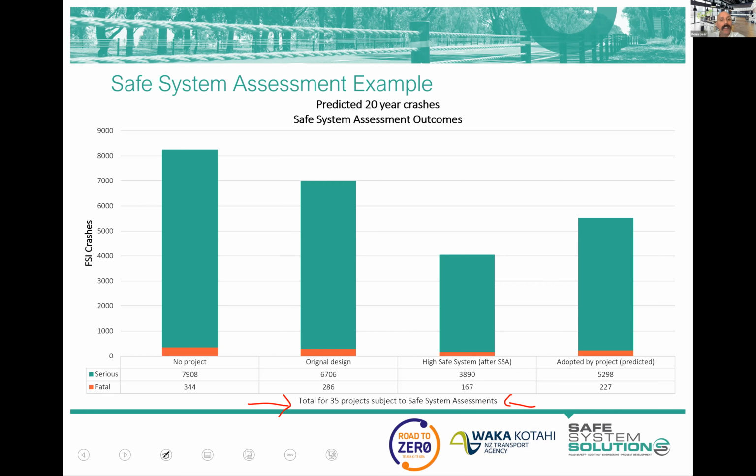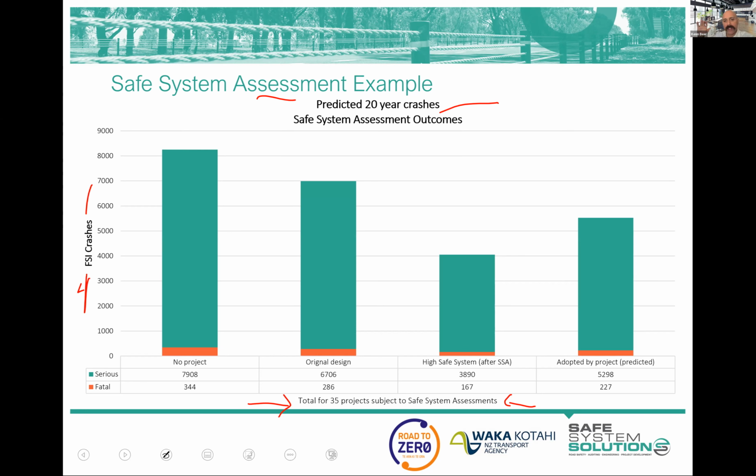Blair did this evaluation of 35 safe system assessments and used a crash prediction model. So, predicting 20 years into the future, how many deaths and serious injuries are we expecting? That's here, FSI, fatal serious injuries, sometimes called KSI.